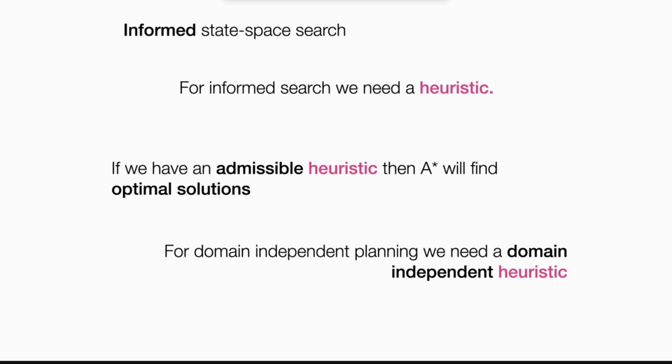So this is an interesting problem, and one that we'll think about occasionally throughout the course, which is if we want our algorithms to be domain independent, and we usually want that as AI researchers, then we need our heuristic to also be domain independent.